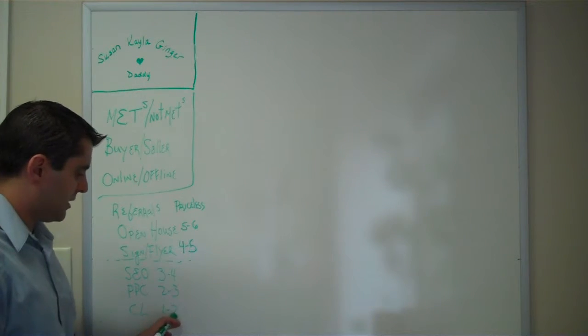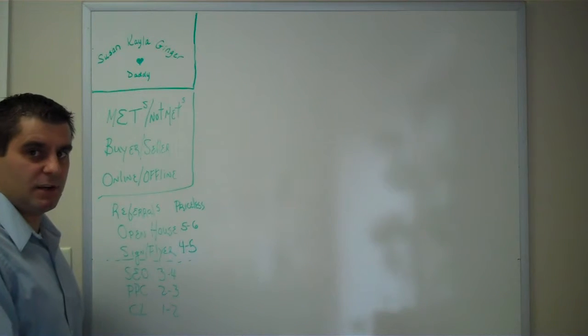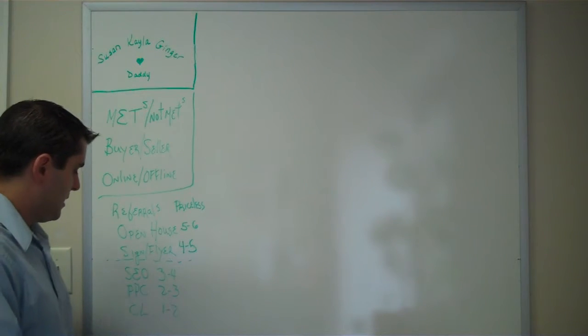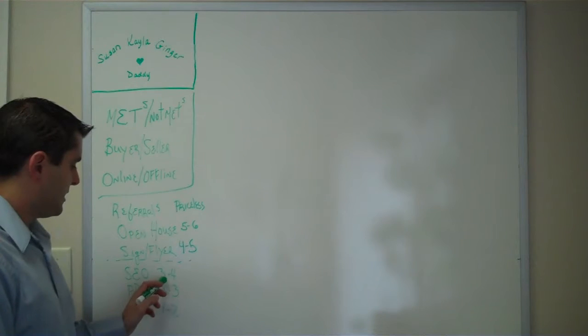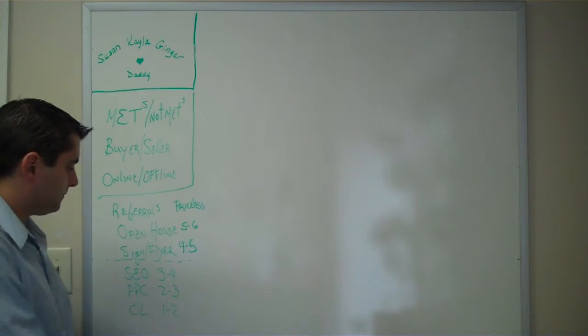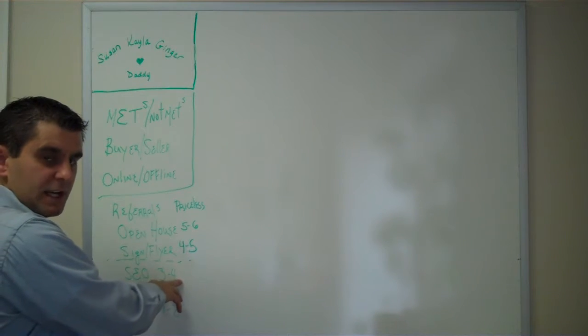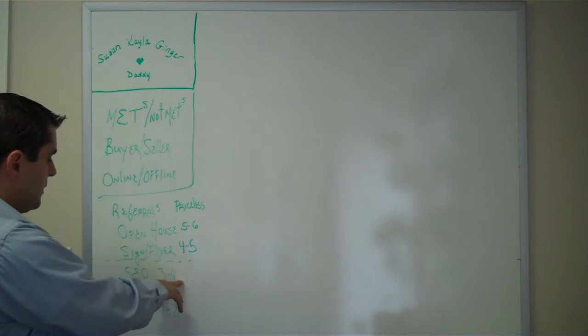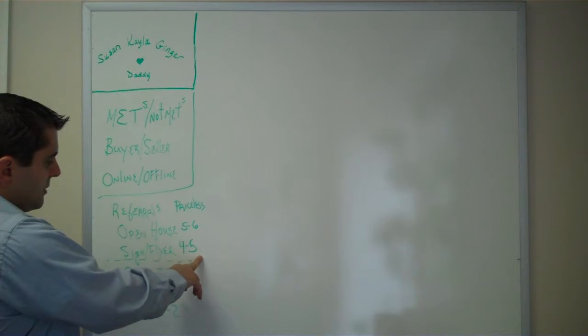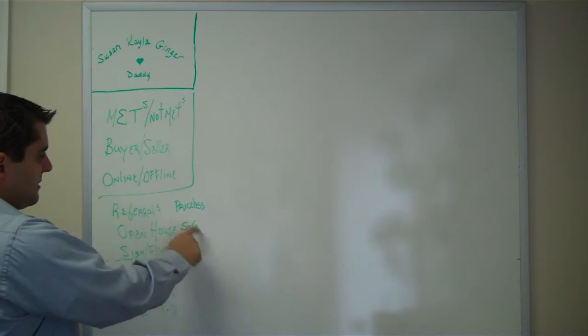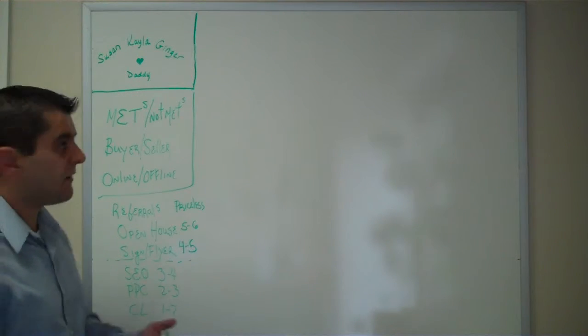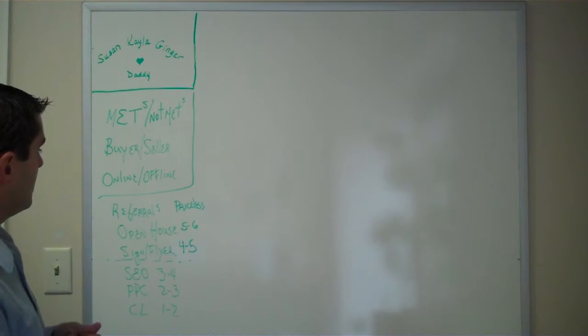In Craigslist, it's 1 to 2%, meaning you have to generate 50 to 100 leads to have a closing. Pay-per-click is 2 to 3, SEO is 3 to 4%. Again, you have to generate 25 to 33 leads with organic traffic to have one closing. Sign and flyer calls 4 to 5%, open house 5 to 6%, and then referrals obviously being priceless.